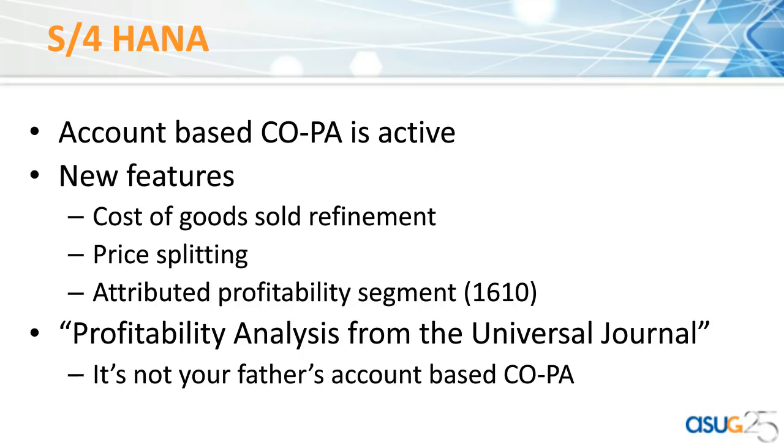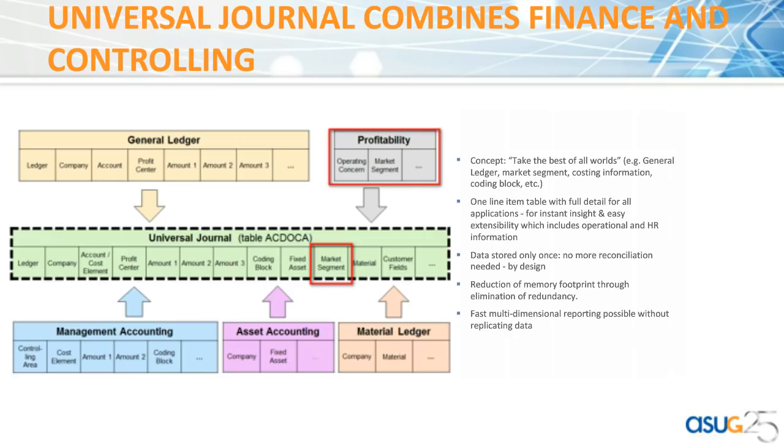So my next diagram, I'm sure you've seen some variation of in your review and understanding of the move to S/4HANA. In the middle of the diagram is this amazing thing called the Universal Journal, or some of us refer to it as ACDOCA, its technical name.